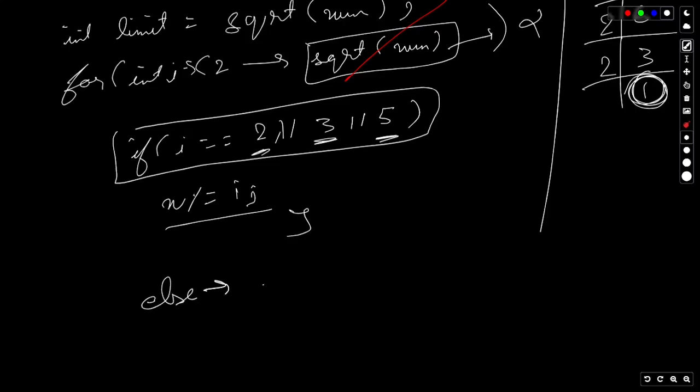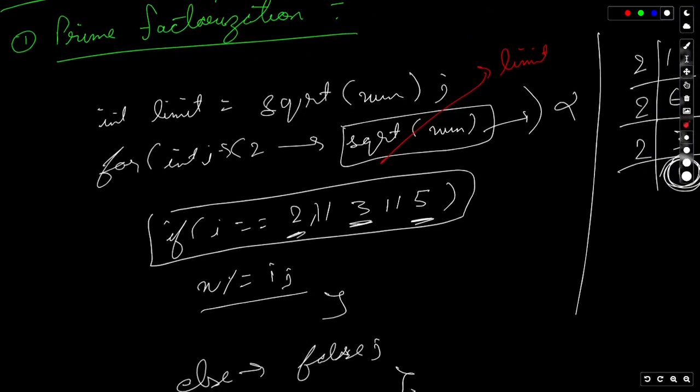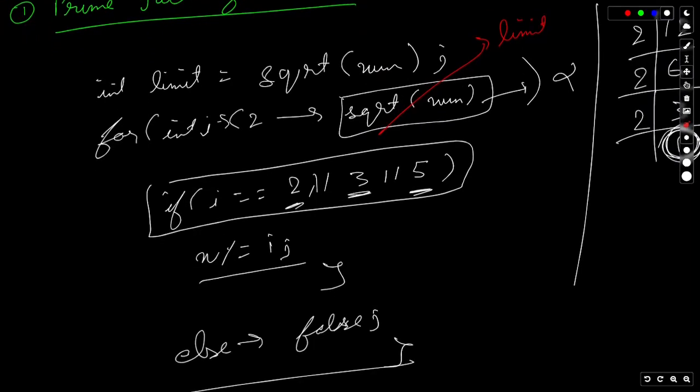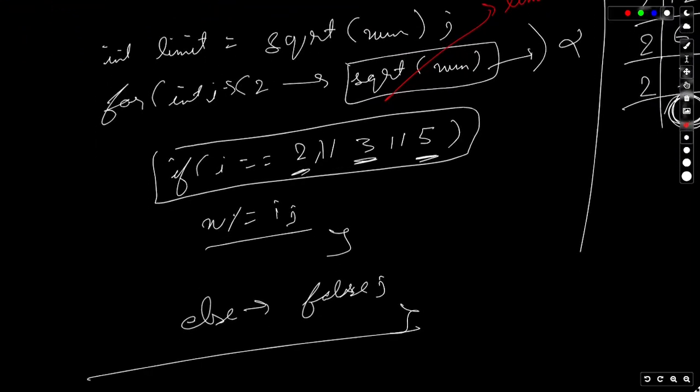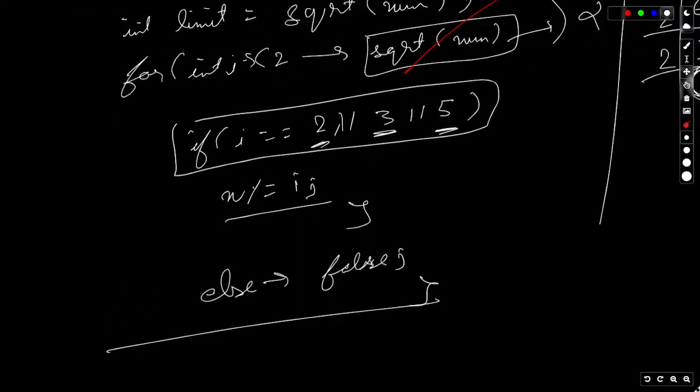Else we can just return false. And at the very last case, after these parentheses, we can check that particular number at last, and say that this particular number is an ugly number or not.